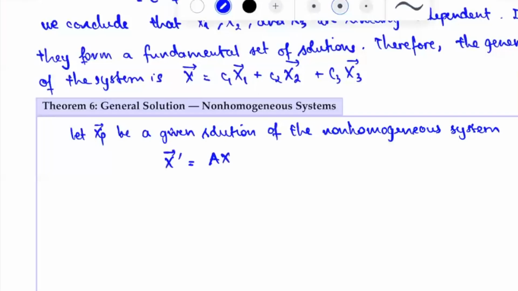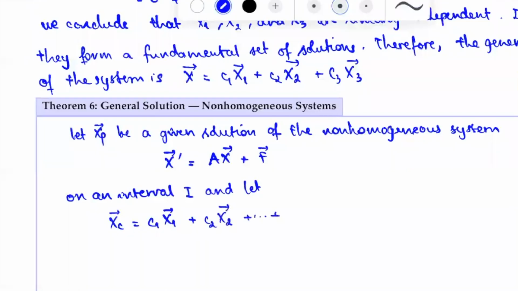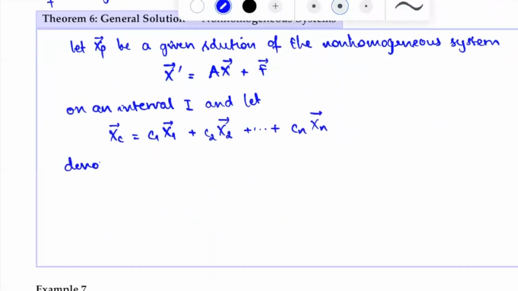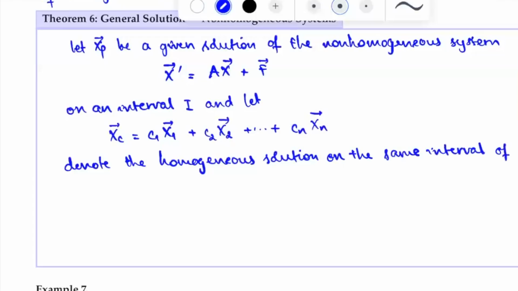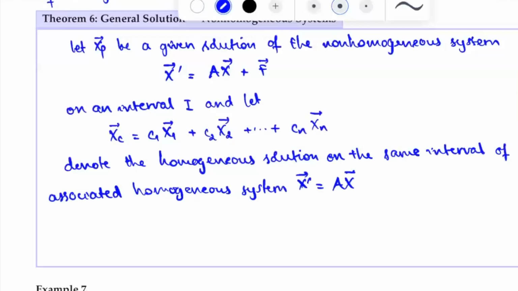X prime equal to A times x plus f on the interval I, and let xc equal to c1 x1 plus c2 x2 up to cn xn denote the homogeneous solutions on the same interval of the associated homogeneous system, x prime equal to A times x.